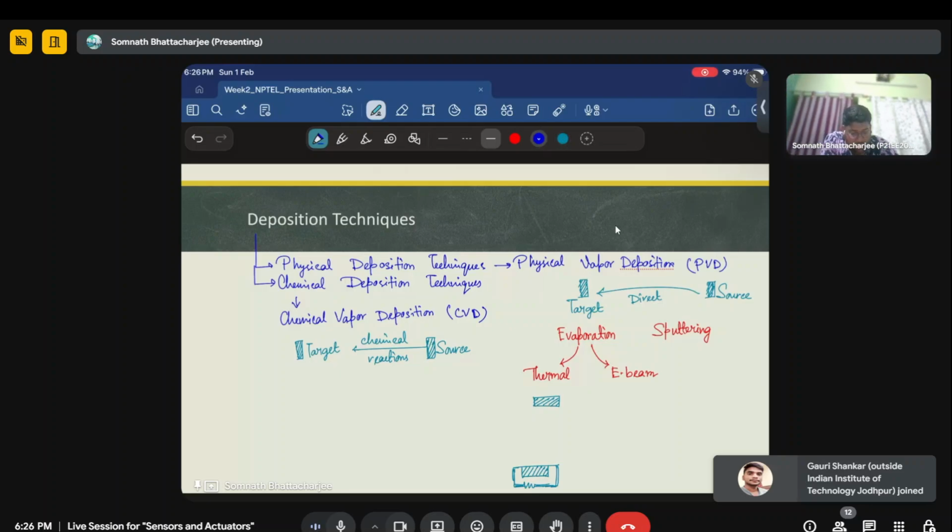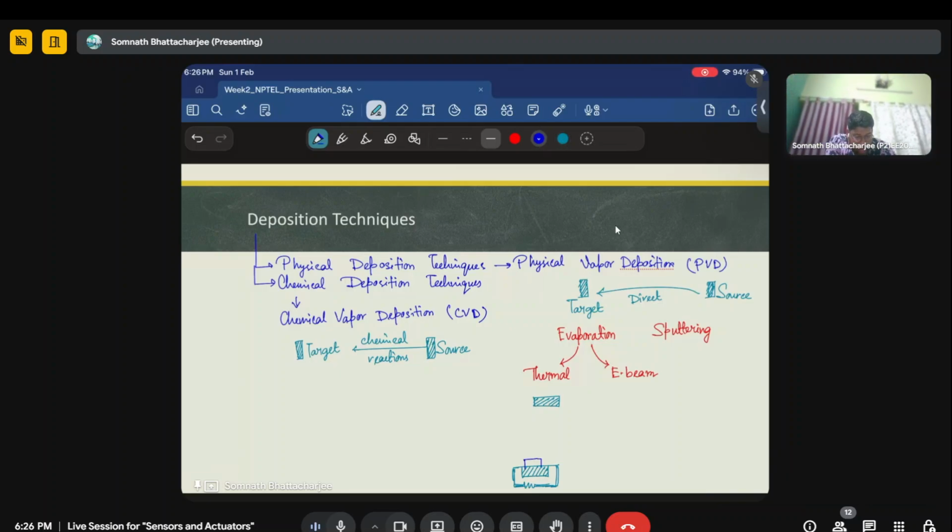If you are putting your material onto it and heating both of them, the boat will not evaporate or get vaporized, but the material will. This creates a gas flow of the material, and everything is under a plasma environment.